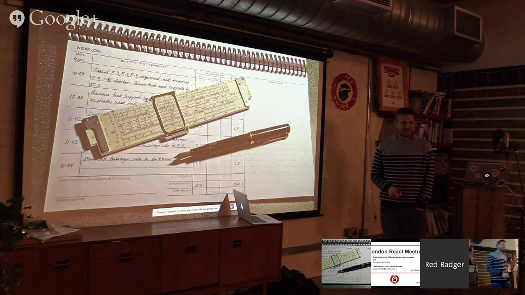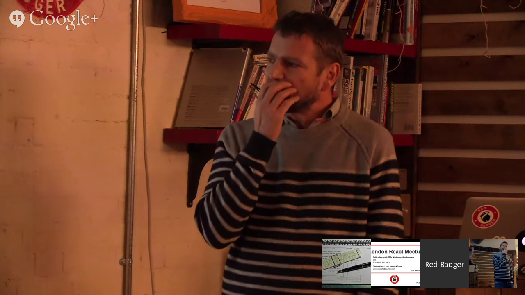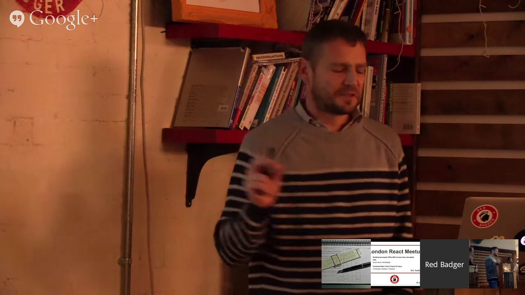You can do complex logarithmic stuff and all sorts of things. But the cursor is effectively like a window on this. You move the cursor around, so when we talk about cursors, we're talking about it in this sense, not as the little mouse pointer on your screen.